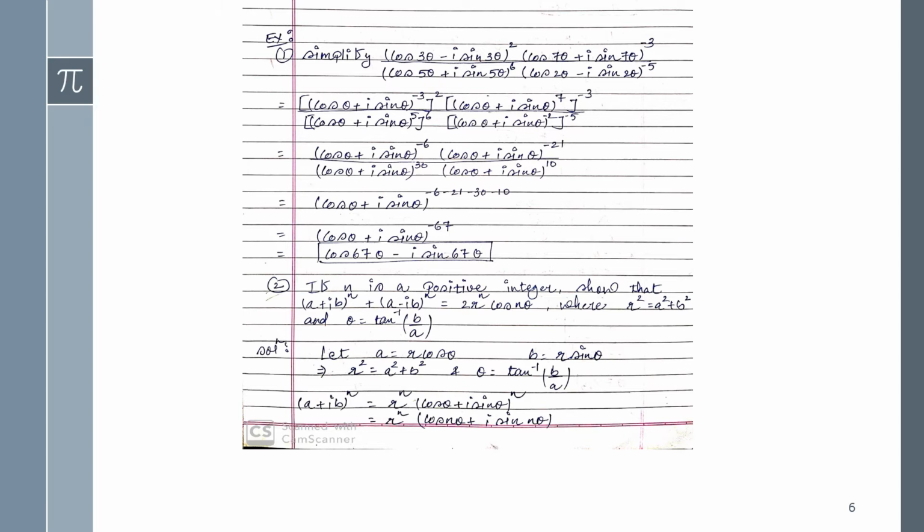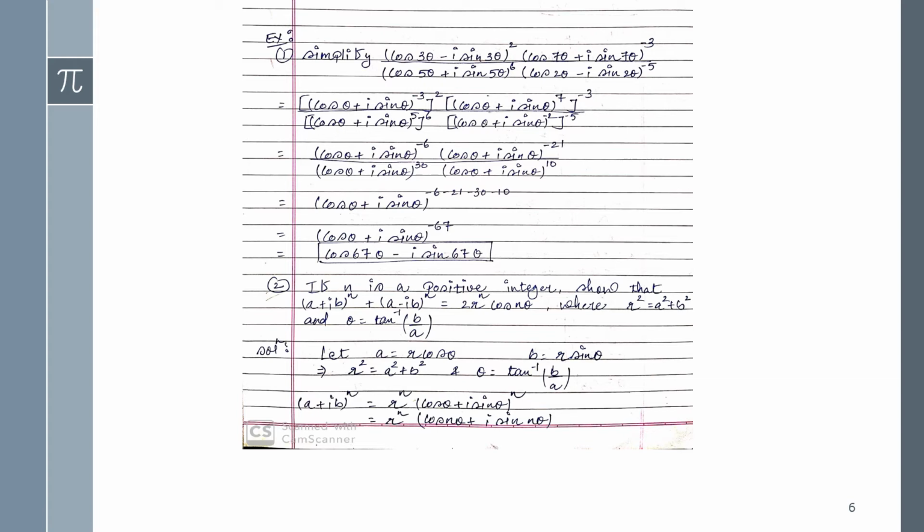This one is given the RHS of De Moivre's theorem. Okay, so this one will be, here there is a negative sign and here n equals 3. So it will be cos theta plus i sin theta whole raised to minus 3, because here a negative sign is given. So this one is corollary 1, as I have written in the previous slides. Okay, so cos theta plus i sin theta all raised to minus 3, and this one too keeping as it is.